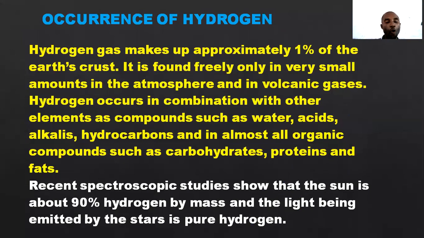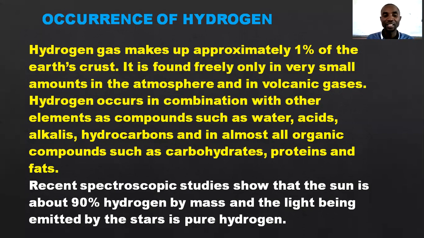How does it occur? Hydrogen, of course, is a gas, and makes up approximately 1% of the Earth's crust. It is found freely only in a very small amount in the atmosphere. In volcanic gases, hydrogen occurs in combination with other elements as compounds such as water.